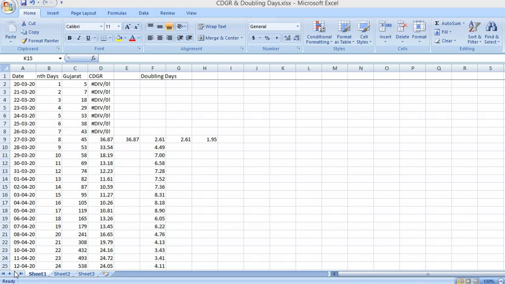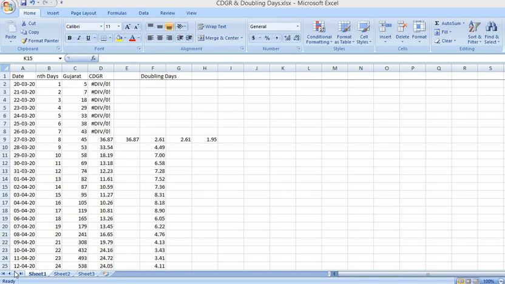Actually, they are originally concepts used in the finance department, and were rarely used in public health, but during the COVID-19 pandemic they have been the talk of the town, so we have to learn how to calculate CDGR and doubling days. First I would like to talk about CDGR, and then we will talk about how to calculate the doubling days.